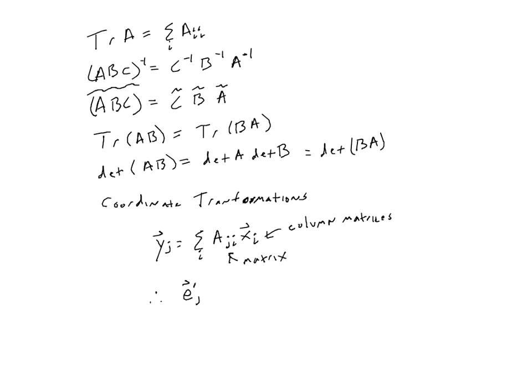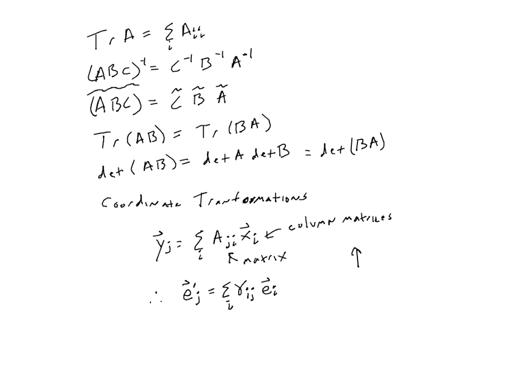So the basis, let's call this e prime j, is equal to the sum over i of what we're going to call a transformation matrix, gamma ij, e sub i. And what this means is that we can transform from one basis to another by simply using a matrix.